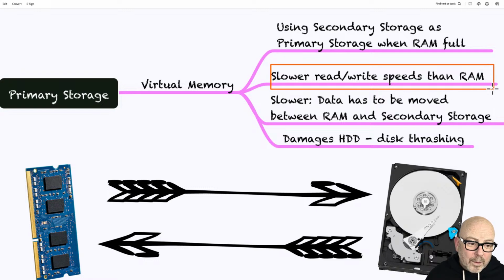When we consider reading and writing, what it really means is reading is opening and writing is saving. So when we say read-write, that's what we mean. To write data to the disk, to save data to the disk, and to open data to look at or do something with, right? So when you open an application, it's got to be read from the disk. We tend to be lazy and say you open a file, but it's actually being read, okay? So it's got much slower read-write speeds than RAM.